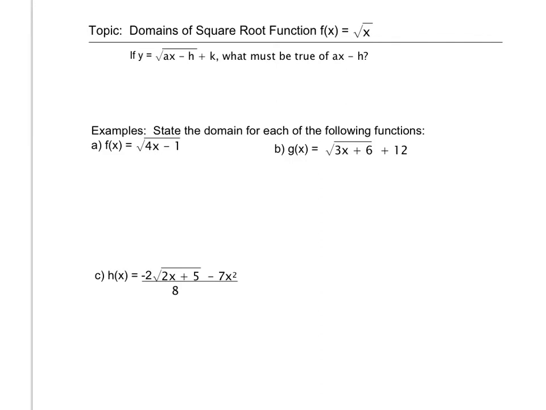So if I look at this generic function here, y equals the radical of ax minus h plus k, I'm going to ask myself, what has to be true of ax minus h? What has to be true of what's underneath my radical in order to get real numbers? Well, in order to get real numbers, doesn't ax minus h have to be positive?